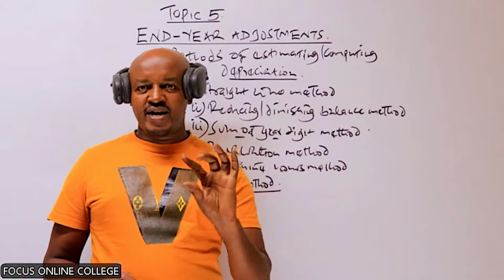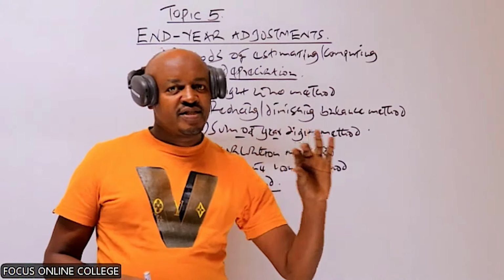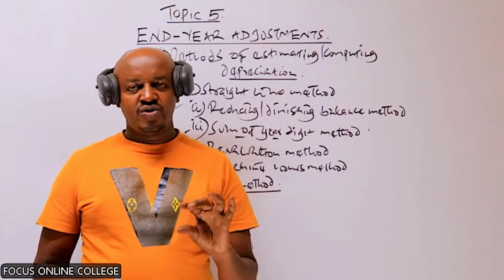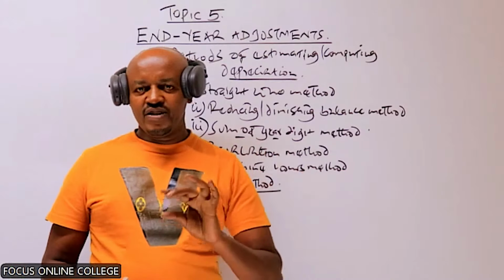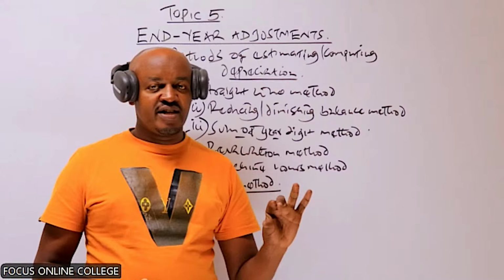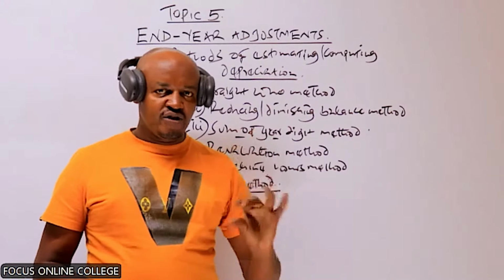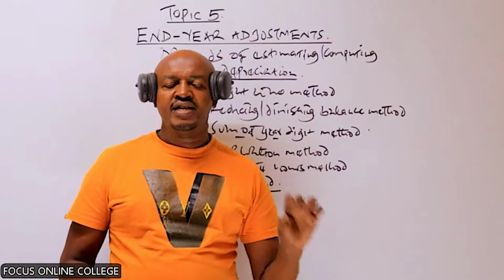If, for example, you buy an asset and estimate that you're going to use it for the next 10 years, under this method we assume that this asset loses value uniformly. If it is losing value uniformly, it means that depreciation for year one, year two, year three up to year 10 will be the same.